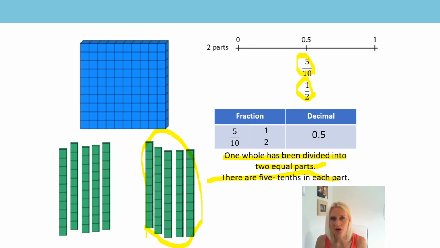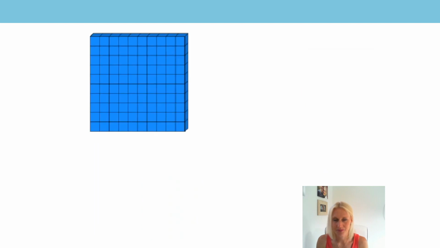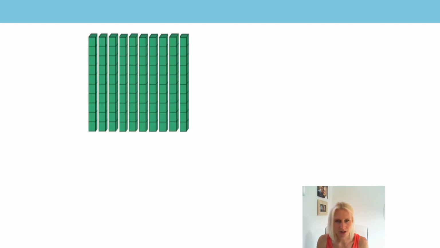So we're going to move on to another problem, starting with our whole again. Here's our whole, and this time I want to divide it into 5 equal parts. So here's my rods.